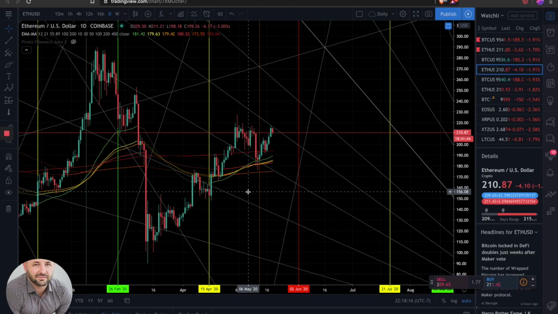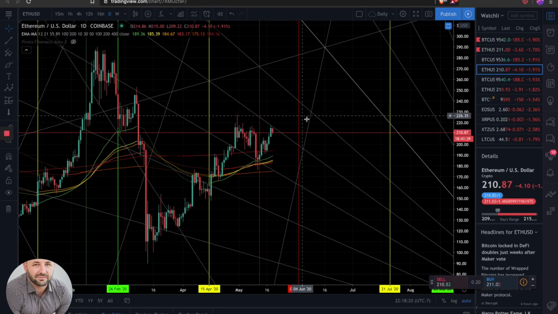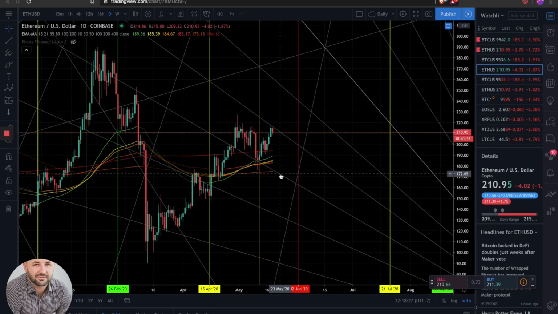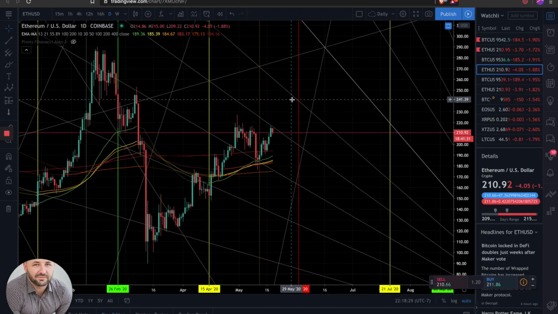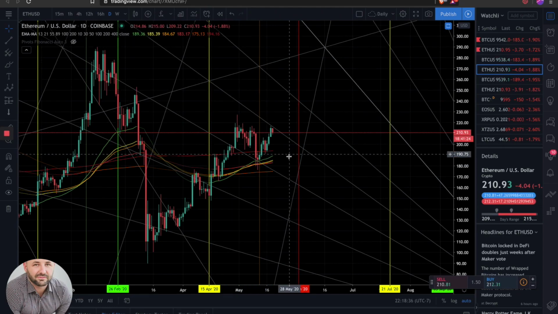As with the time fractals, that's when we tend to see prices reverse, and it tends to be closer to where there are pivots on these lines, so that's something we'll be looking for. But next area of resistance, we're looking at the 250, 230, depending on what the fib extensions are, and I'll cover those in smaller time frames as well.